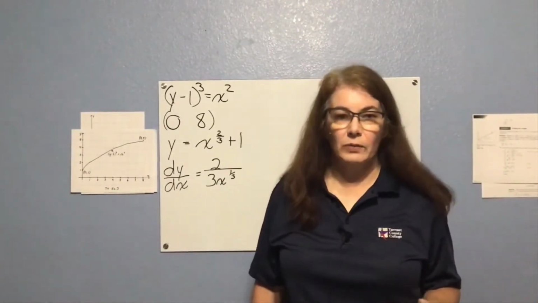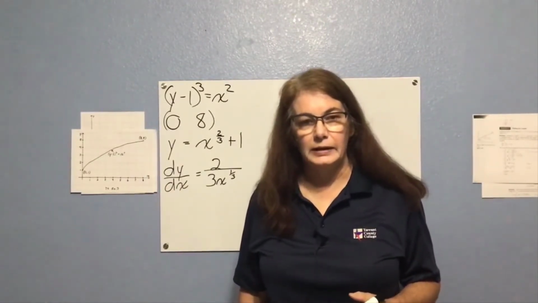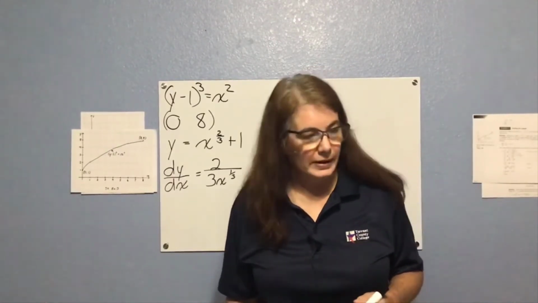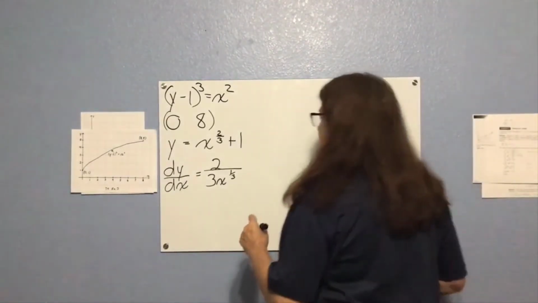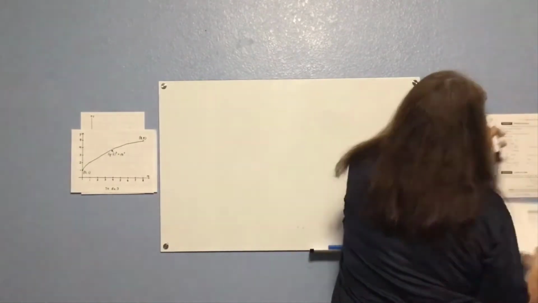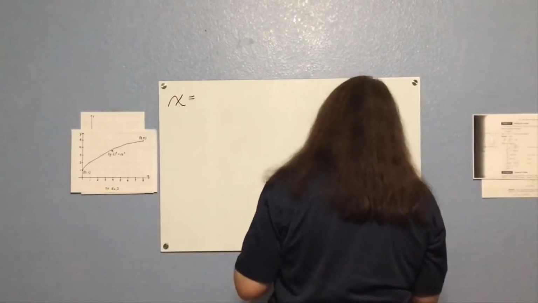Okay. Since dy dx is not defined for the entire length that we need, we're going to have to now solve for x and have dx dy. So let's get rid of this. So when I solve for x, this is what I get.